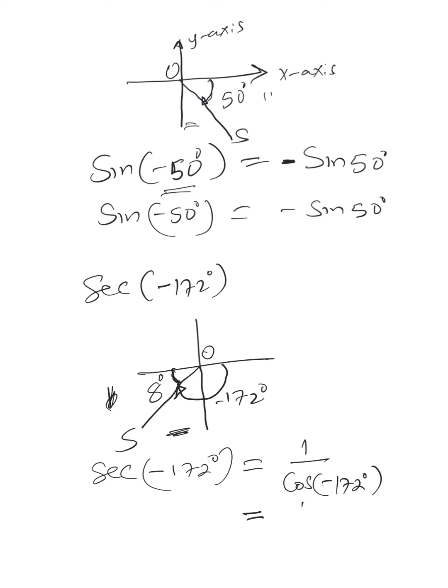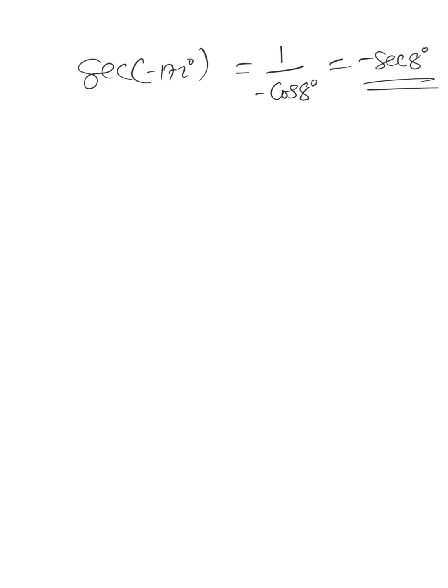We are going to compare the cosine of negative 172 degrees with the cosine of 8 degrees, because that is the inclination. But because it is in a quadrant where cosine is negative, we put a negative. So in the end, the secant of minus 172 degrees has changed to 1 over negative cosine of 8 degrees. But 1 over cosine is a secant, so this is minus secant of 8 degrees, and we are done. That is it.